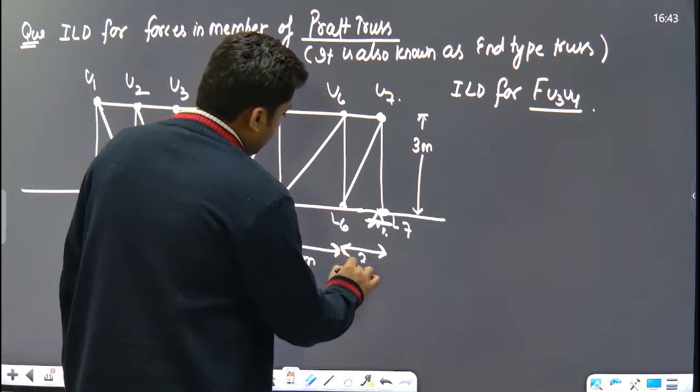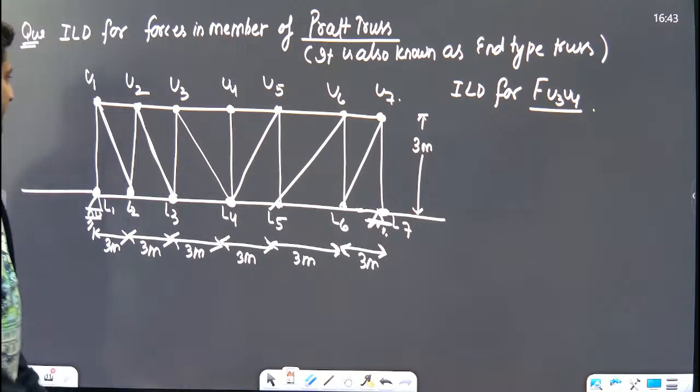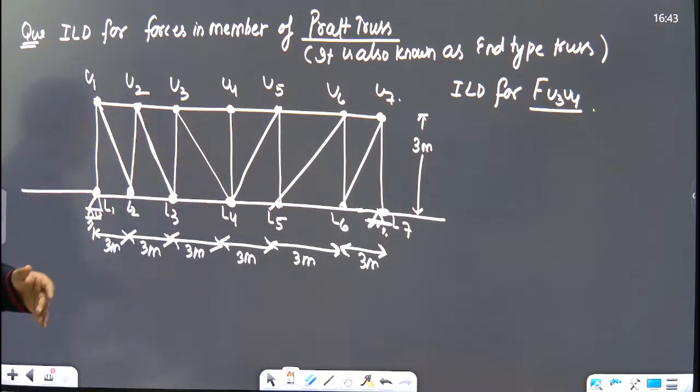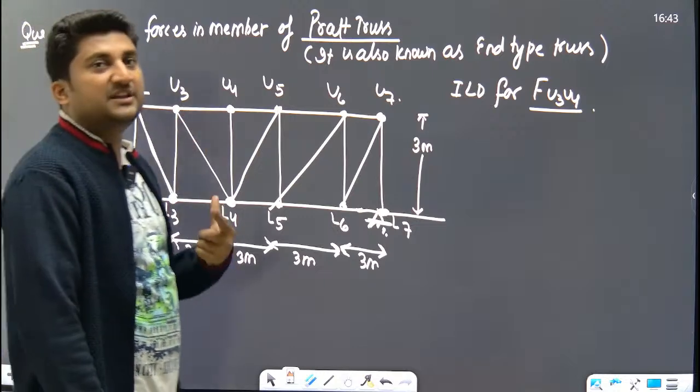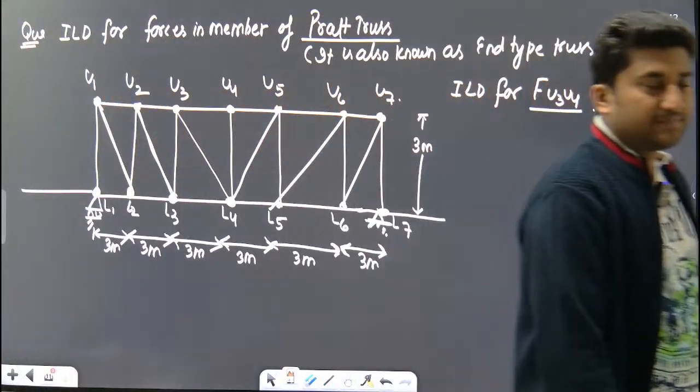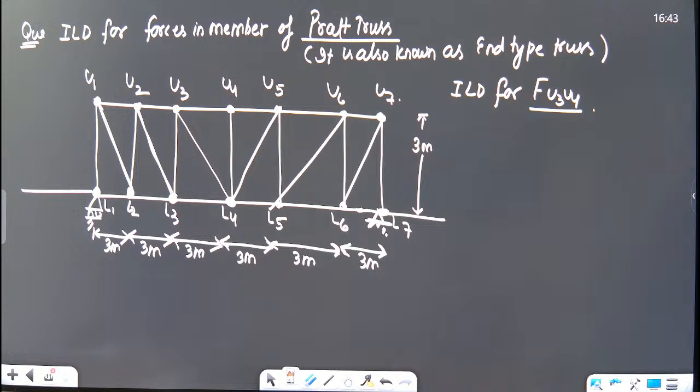These all are 3 meter. So when the unit load is moving on the truss, what is the nature of the forces in U3, U4? This is our task. Understood everyone? Clear?